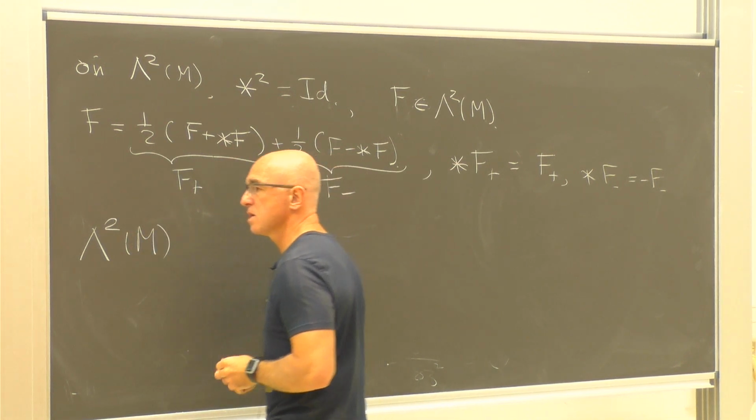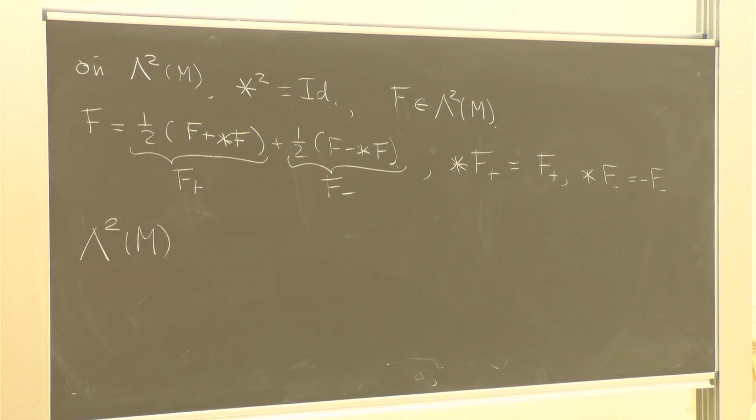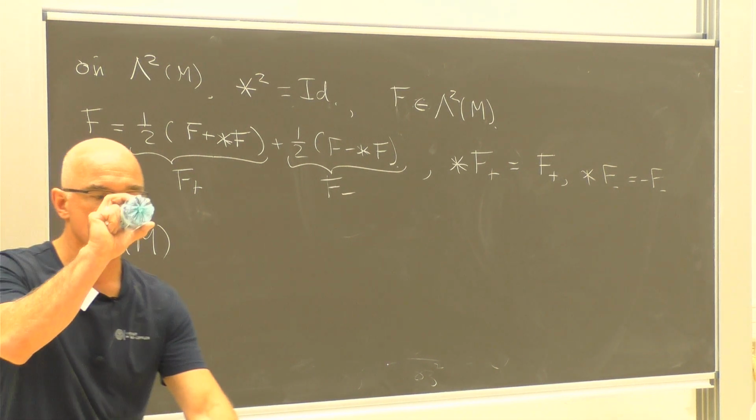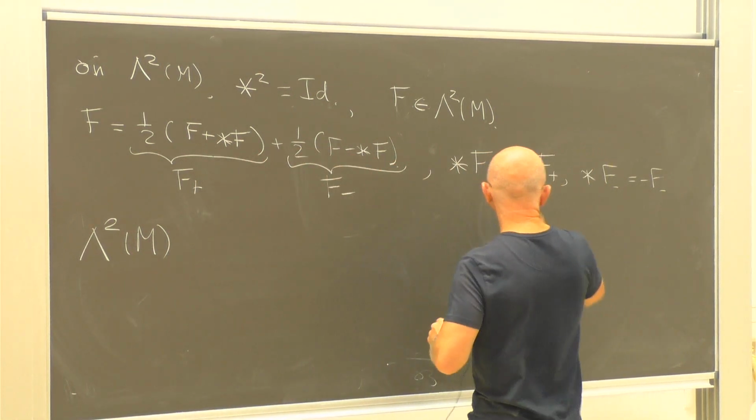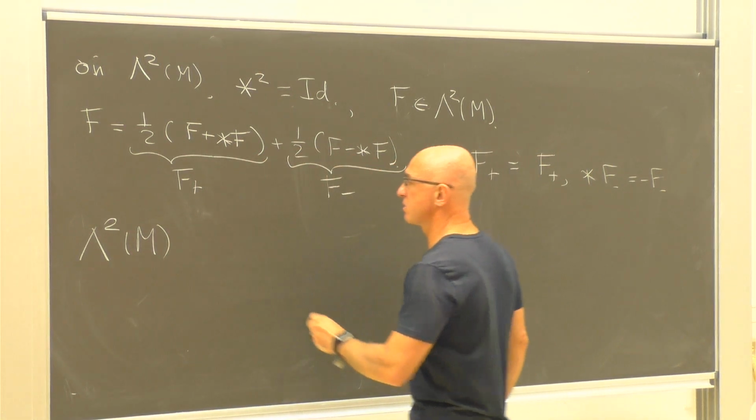So there are 6 2 forms in 4 dimensions, and we decompose them into 2 spaces, the space of self-dual and anti-self-dual 2 forms. This is called self-dual, this is called anti-self-dual.